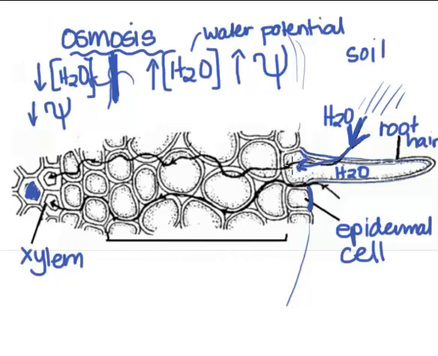And we can see this path of water. It's moving from cell to cell. It's crossing over the cell membranes. It's moving through the pores of the cell wall into the cell, and it moves from cell to cell, until it finally ends up in the xylem.